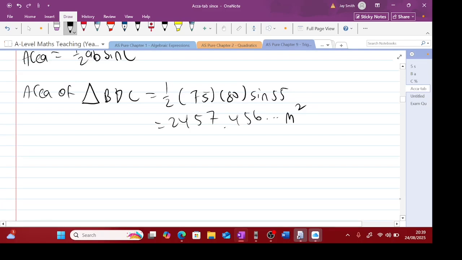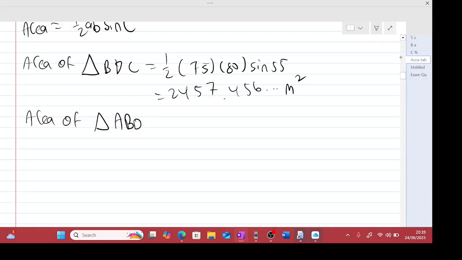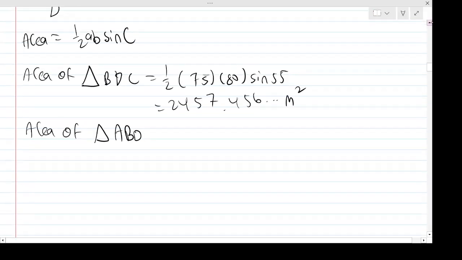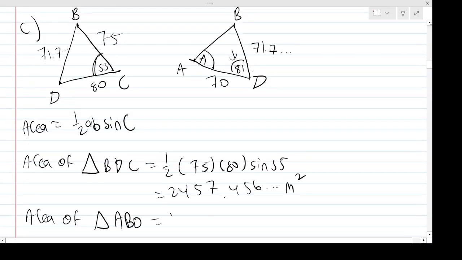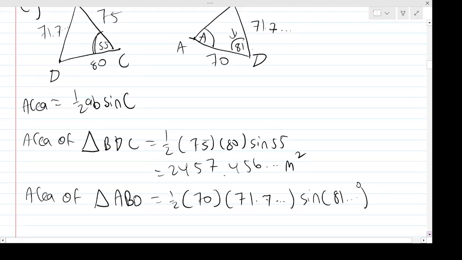So the area of triangle ABD up here is going to be a half times 70 times 71.7 times sine of 81 degrees.